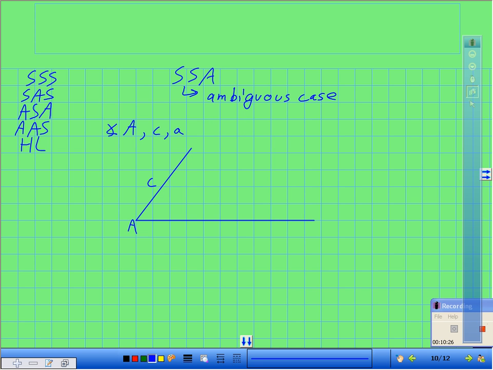Well, am I going to have a triangle there? Let's say side a, which we know is going to come from this piece, because we've got angle, side, and then side. If a is smaller than c, is it going to make a triangle? Not at all. So we know if a is smaller than c, we have no triangle.